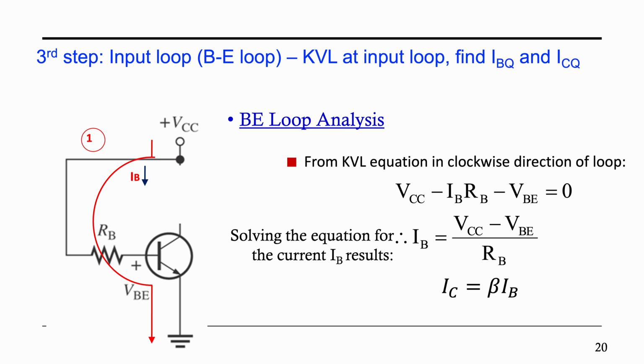The KVL for the first loop, the BE loop, will be: this is your voltage source, so it's going to be VCC, positive.